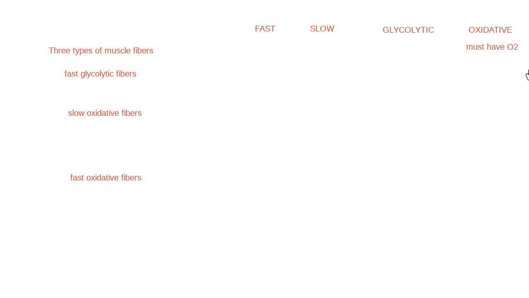An oxidative muscle tissue must have oxygen to make its ATP. The reason is that the process an oxidative type of muscle tissue uses is something called the electron transport chain.